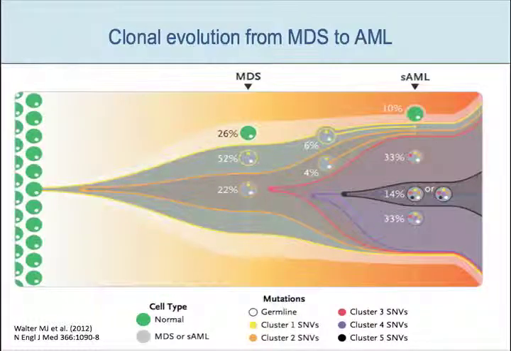And this group looked at 7 patients who developed secondary AML from MDS. In these 7 patients, they performed deep sequencing, whole genome sequencing, of skin samples and bone marrow samples in order to identify those mutations that were specific to the leukemic cells of the patient.